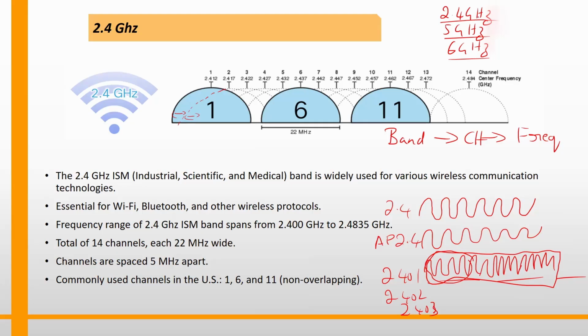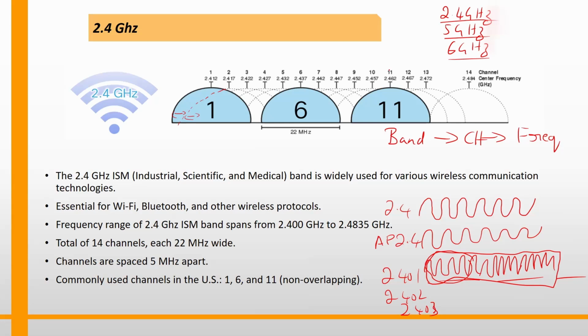So when I say 2.4 gigahertz, I am not going to send signal only on the single 2.4 gigahertz frequency, but multiple frequencies. So 2.4 has the concept of the 2.4 gigahertz band, or you can say spectrum. Spectrum is also nothing but a collection of frequencies.